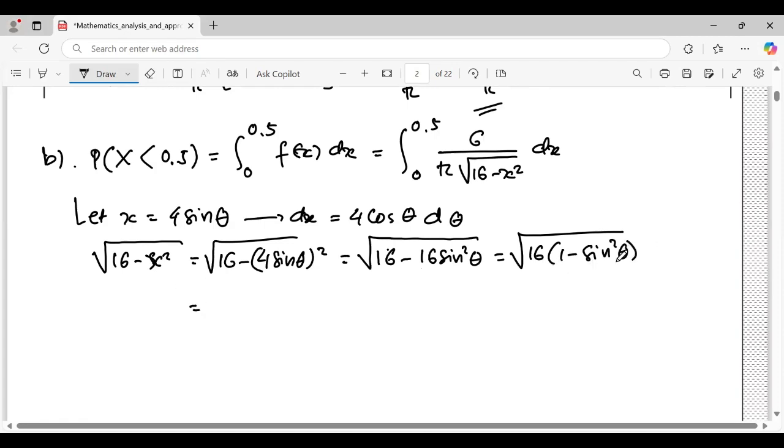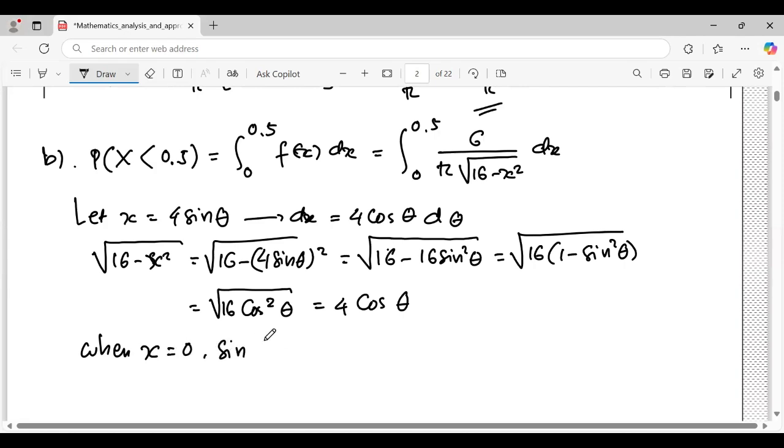According to the trigonometric identity, this is cosine squared theta. So 16 cosine squared theta, or 4 cosine theta. Next, when x equal 0, sine theta will be 0, so theta equal 0.